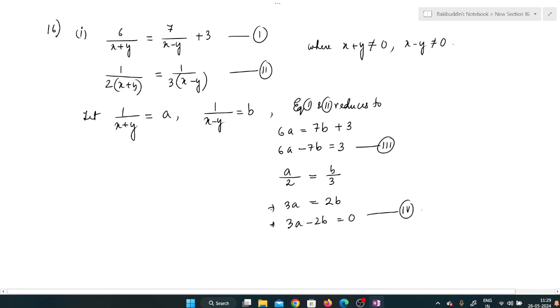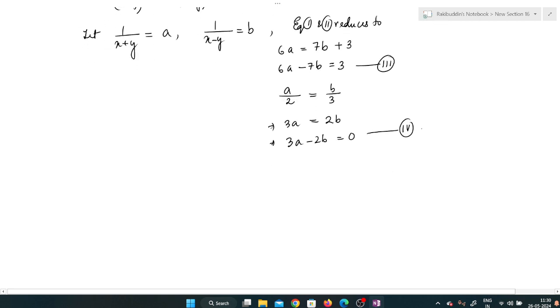Now you can see the equations are in the form of linear equations. The degree is 1. The power of the variables is 1. So we can now solve using the methods. I will choose elimination, eliminating a.